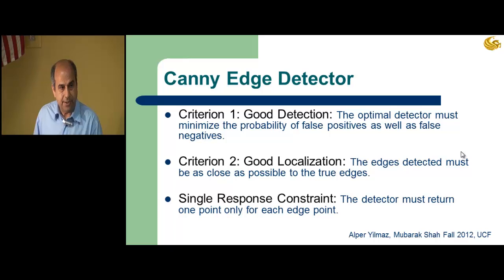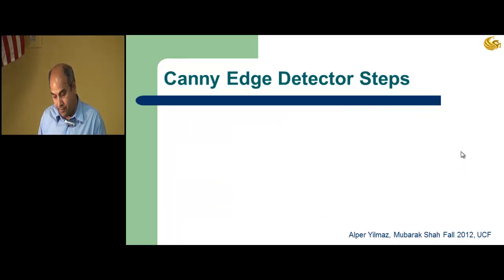It's a very nice thesis, and you can access it. He formulated this problem as an optimization problem and came up with what the filter, the edge detector, should be that gives you this optimization. And the interesting thing was that he found the gradient of Gaussian is the optimal edge detector. So that's called the Canny edge detector.